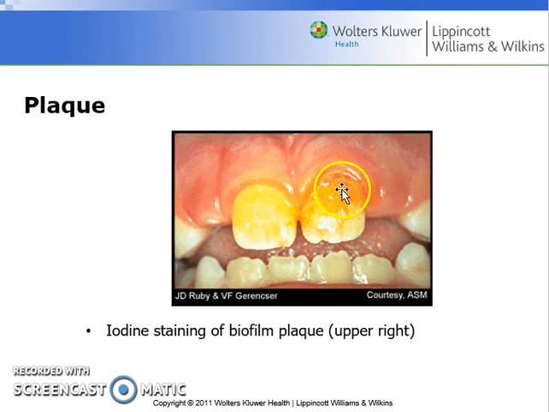Once they start fermenting sugars, they will cause the pH around this tissue to decrease, making it more acidic because acid is being produced. That causes inflammation of the gum, muscle breakdown, tissue degradation, and then eventually cavities start to form in the actual teeth because it's so highly acidic.